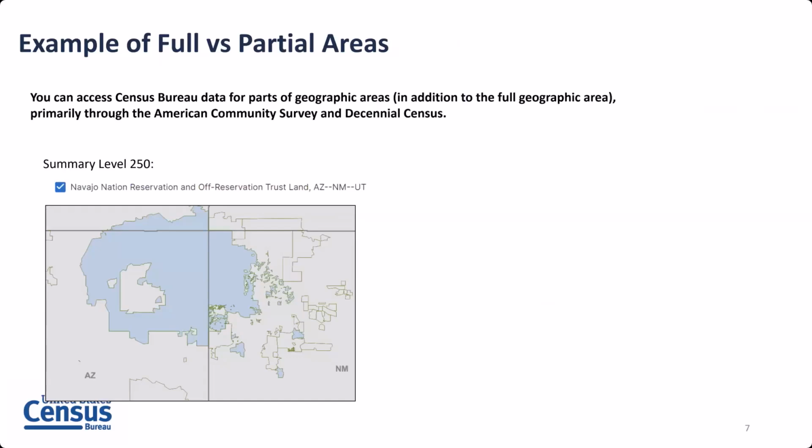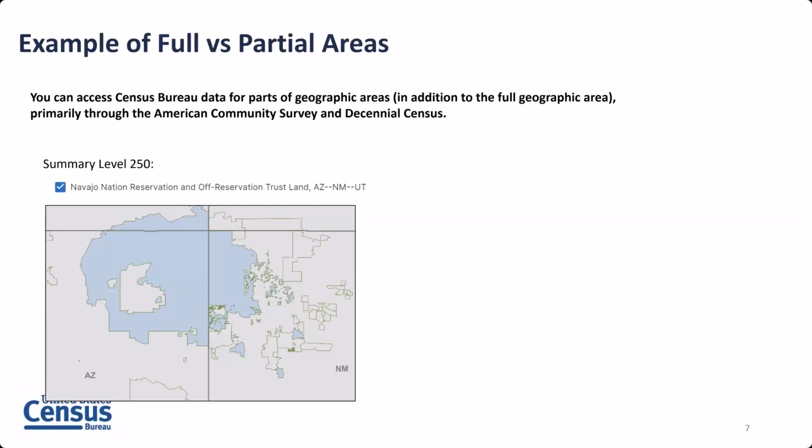And I'm just showing here two examples of different geographies that are similar, but available through different summary levels. Especially in terms of accessing complex geographies, you'll often want to access data for areas of one geography that fall within another.